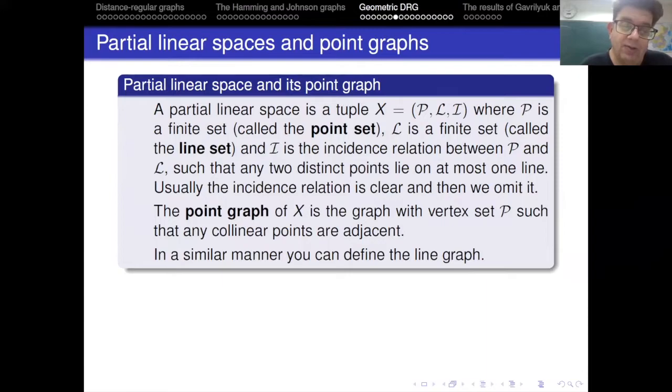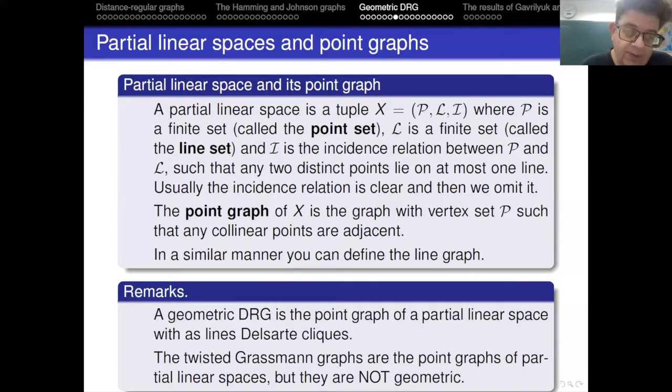You can define the point graph of X as the graph with vertex set the points, such that any collinear points are adjacent. That means any two points that are on a line are adjacent, and if they are not on a common line, then they are not adjacent. In a similar manner, you can define the line graph. Note that a geometric distance regular graph is the point graph of a partial linear space with lines the Delsarte cliques.